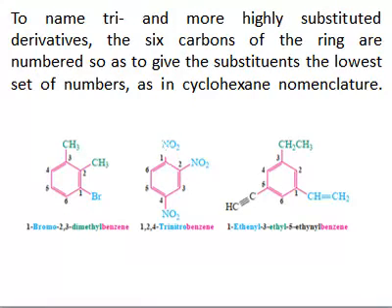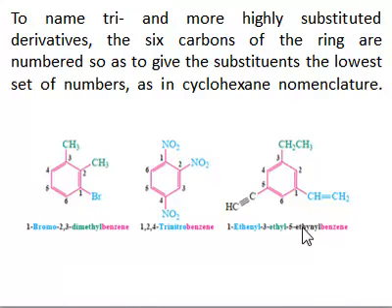So prefer numbering from this side instead of numbering from this side. Also we will not number from this side because the substituents will be assigned higher numbers. So whenever we have to name a benzene ring, always ensure that all of the substituents get the least number.